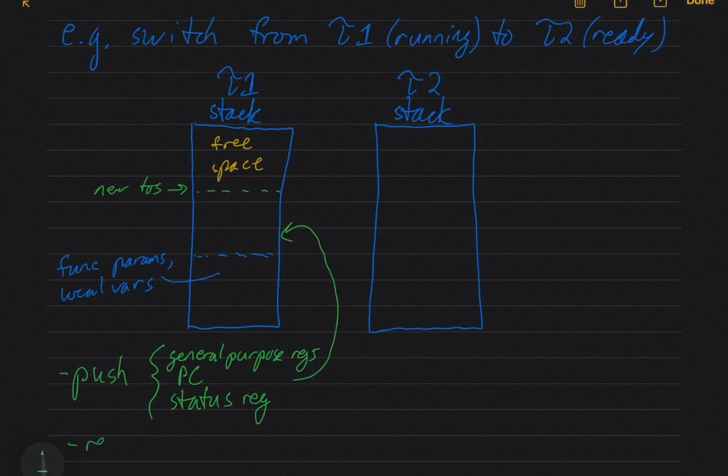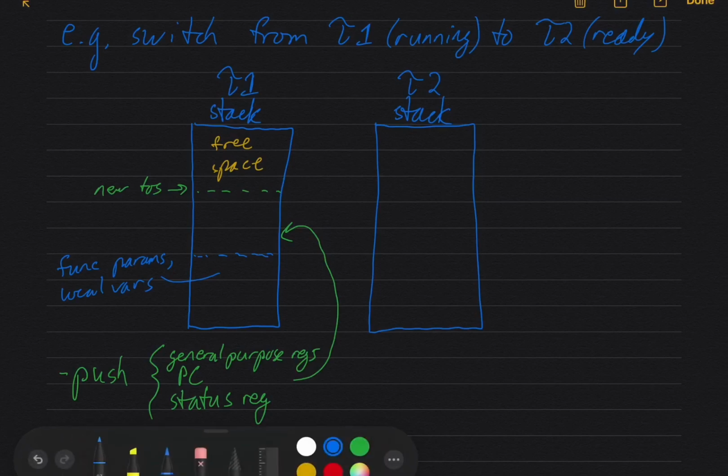So we need to record the stack pointer, and that's register 13, I think, on the ARM. So record the stack pointer in tau 1's task control block, or task 1's task control block. And now we can resume task 2.